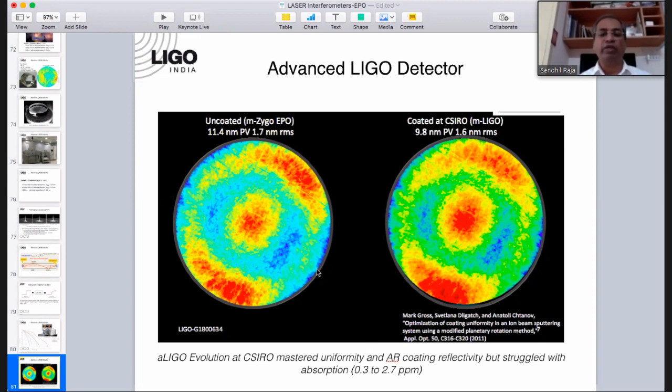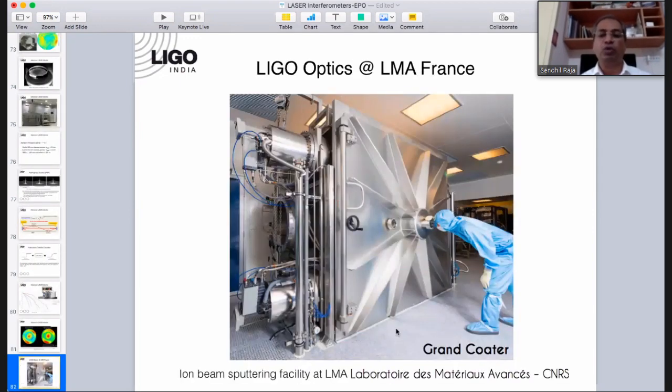So initially, when these coatings were developed at CSIRO, they were able to achieve high reflectivities, but had issues with absorption. So subsequently, these coatings are done by the LMA laboratory, where they are able to achieve the required flatness or uniformity, along with very low absorption. And they use dual ion beam sputtering to do that.